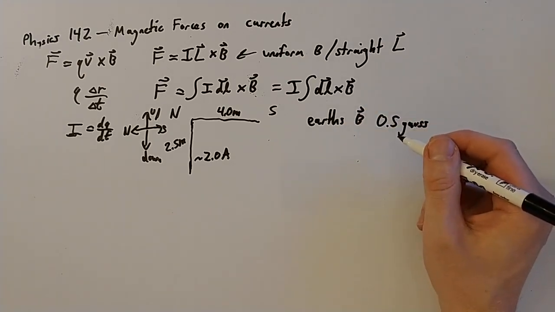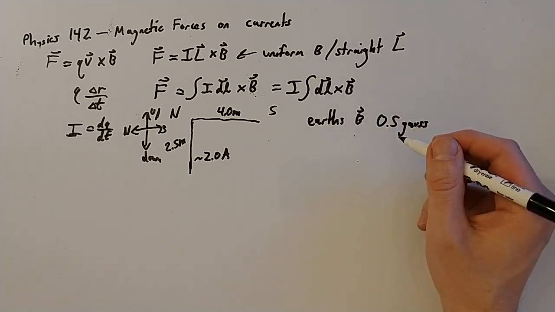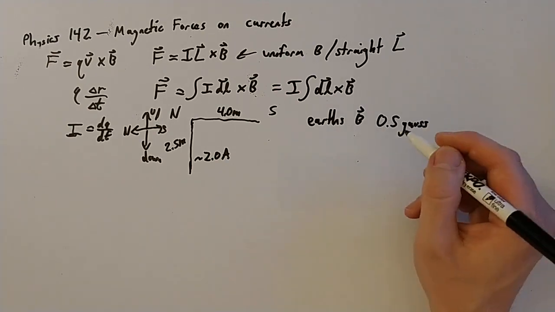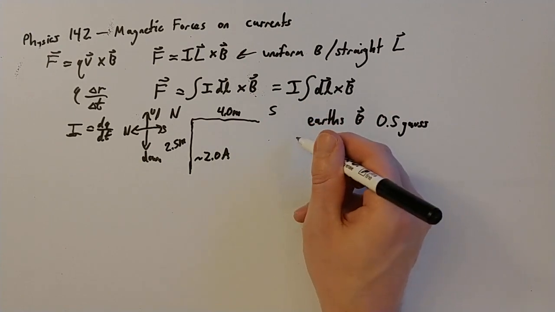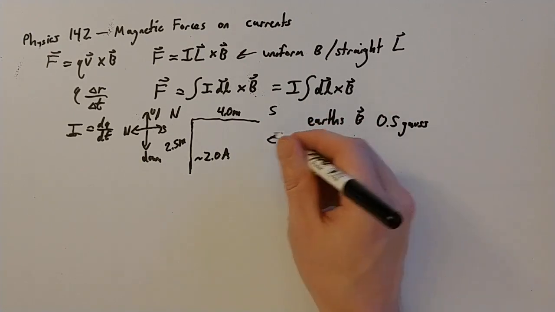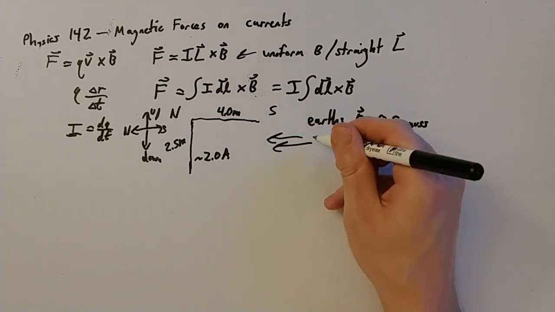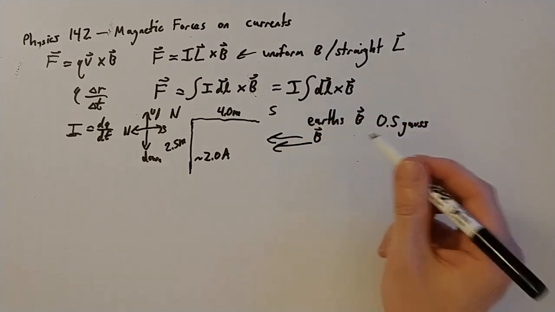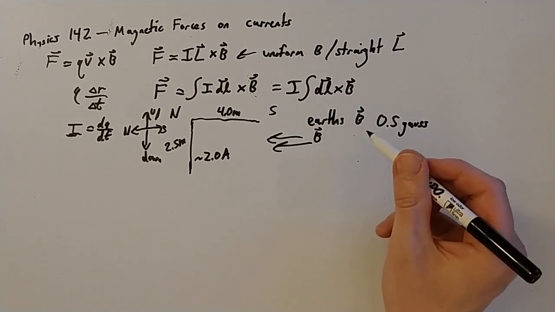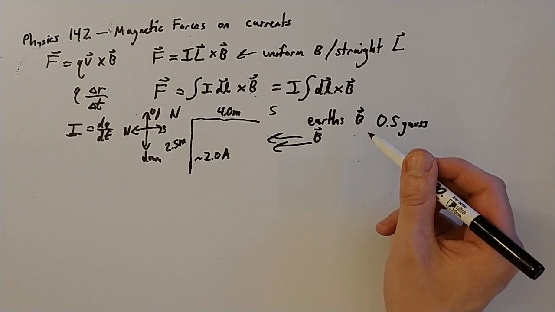And let's say that Earth's magnetic field points at this particular location from south to north. So the magnetic field is going this way, from south to north, at this particular spot.